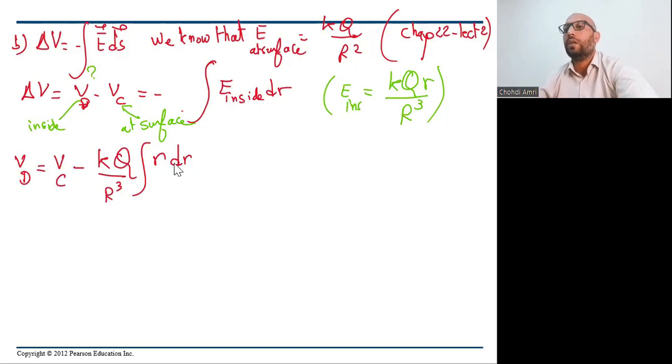Good, we are done. So what is the integral of r? It is r squared over 2. From where to where here?